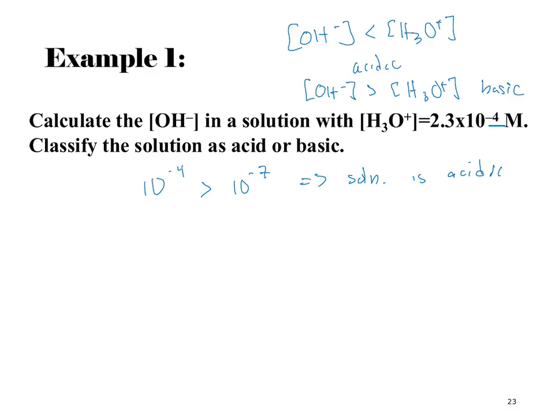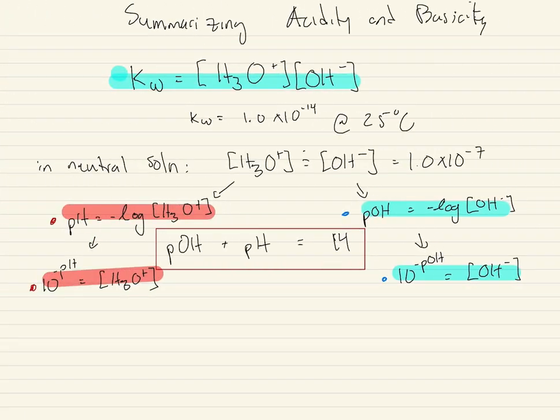What would I use to relate the concentration of H3O plus and OH minus? What equation from these relationships relates those two quantities? We have 1, 2, 3, 4, 5, and then 6.